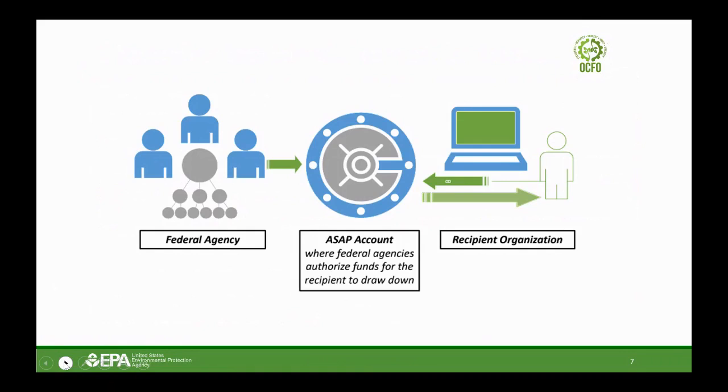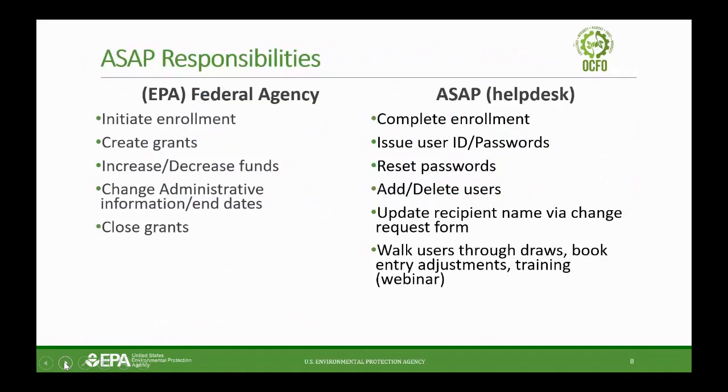Our ASAP responsibilities, what we can do on the EPA side: if you're a new recipient, once we receive your grant, we'll initiate your ASAP enrollment, basically confirming your information or identity inside of ASAP. Once we receive the email from ASAP, we'll go ahead and create your grant inside of ASAP.